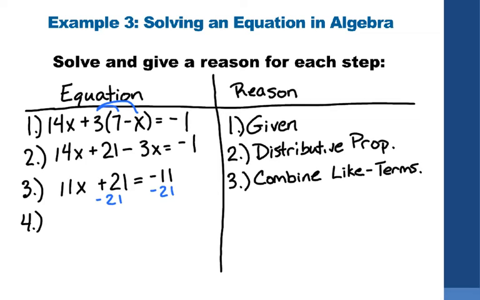Alright, so when we do the subtraction of 21, here's what we get. 11x equals negative 32. So for our justification or reason on this side, we are going to say subtraction property of equality, or just subtraction property.